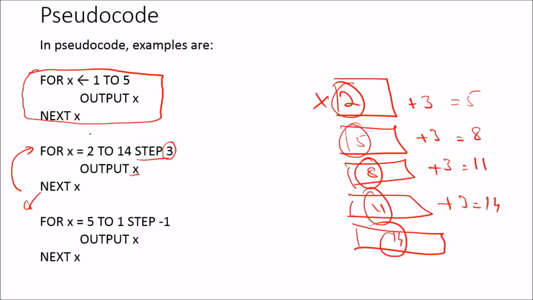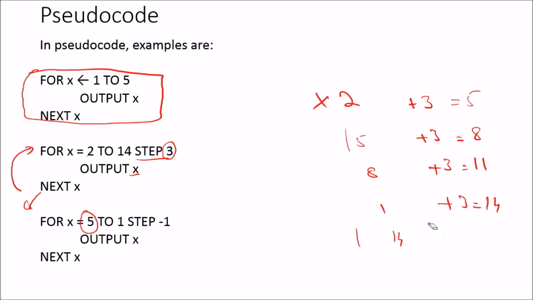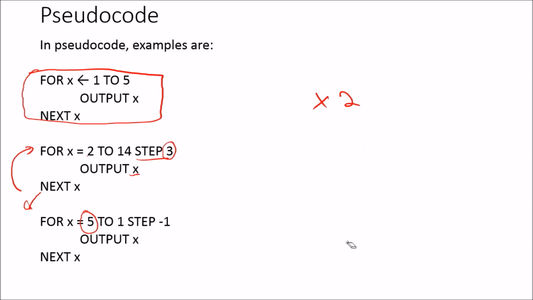If we want to decrement, अगर मैं कहता हूं मैं 5 से start करना है, so my x variable is starting from 5. It is the decrement statement. तो हम step क्या करेंगे? माइनस कर देंगे. So decrement में हम क्या करते हैं? It is starting from 5. Decrement of -1. So I'll get 4.